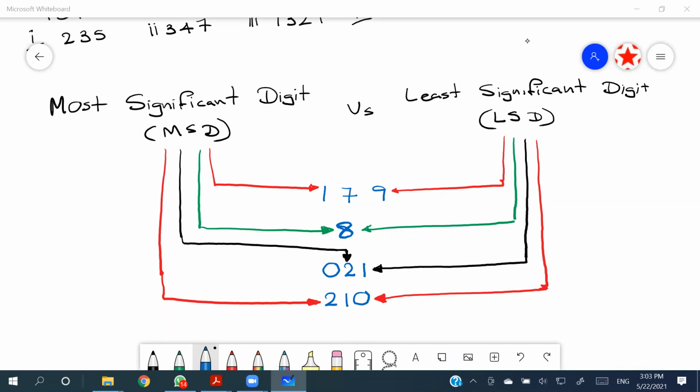Is there anyone still writing this? Okay, can we move? I'm going to move this. Is there anyone still writing this? Please indicate.